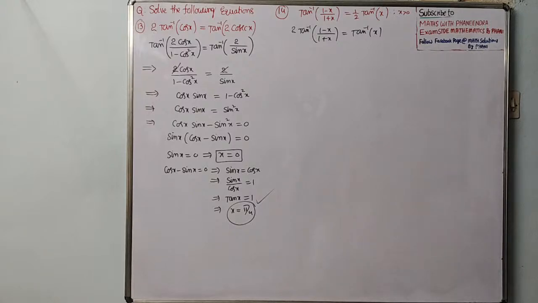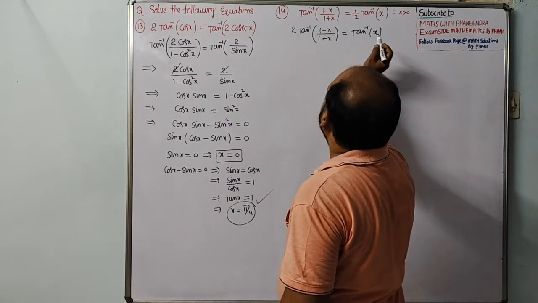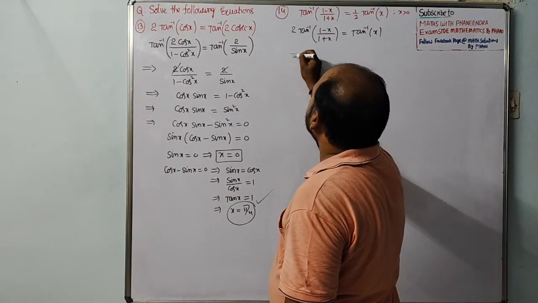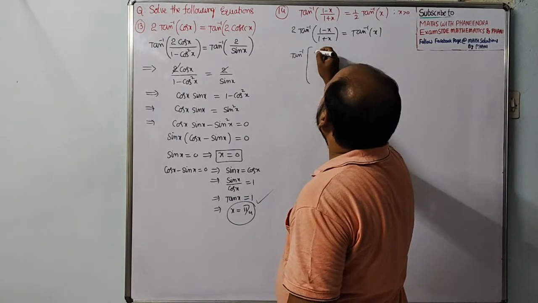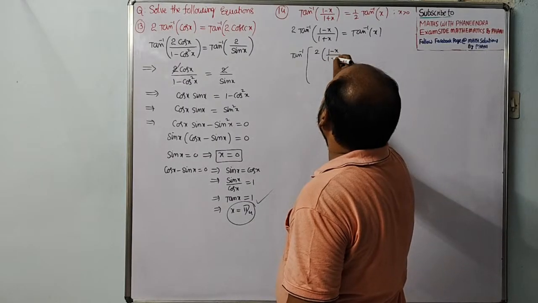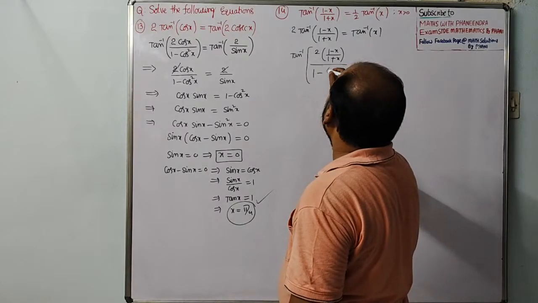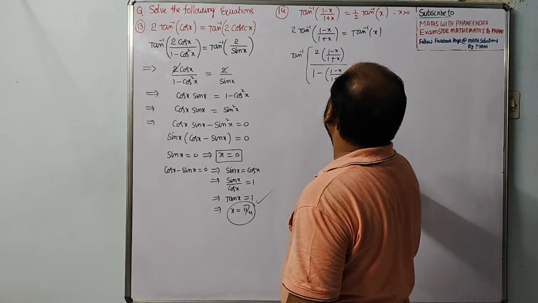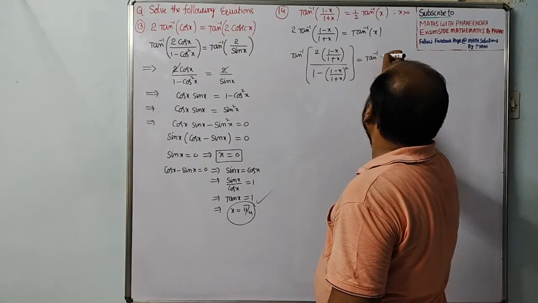Yeah, we move to the other. Anyway. 2 tan inverse means tan inverse of 2 into (1 minus x by 1 plus x) by 1 minus (1 minus x by 1 plus x) whole square is equal to tan inverse of x.